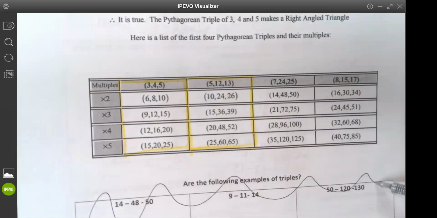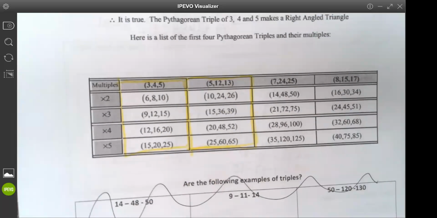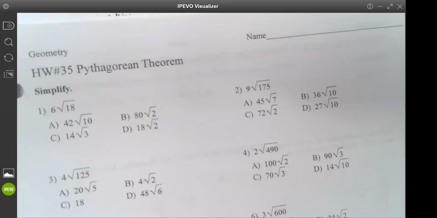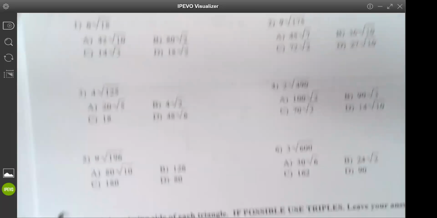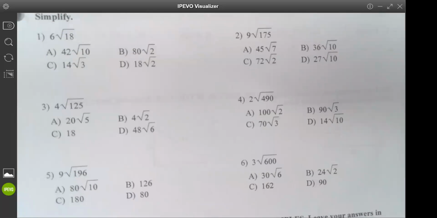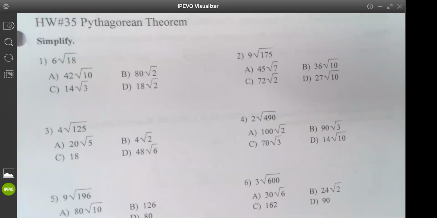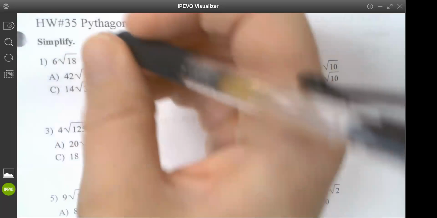So what you're going to do in your work today, first it still starts with radicals. So the first top part is simplify, and it's multiple choice, and you're finding which one matches it. Now on the top part of this work, it has a coefficient in front of it.